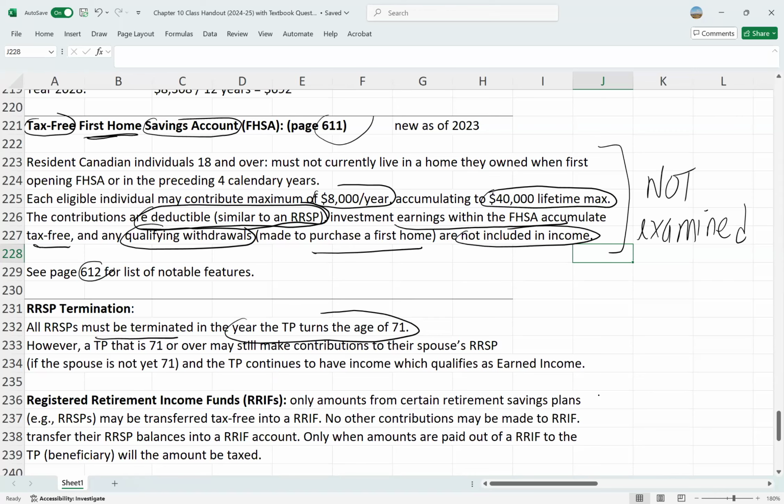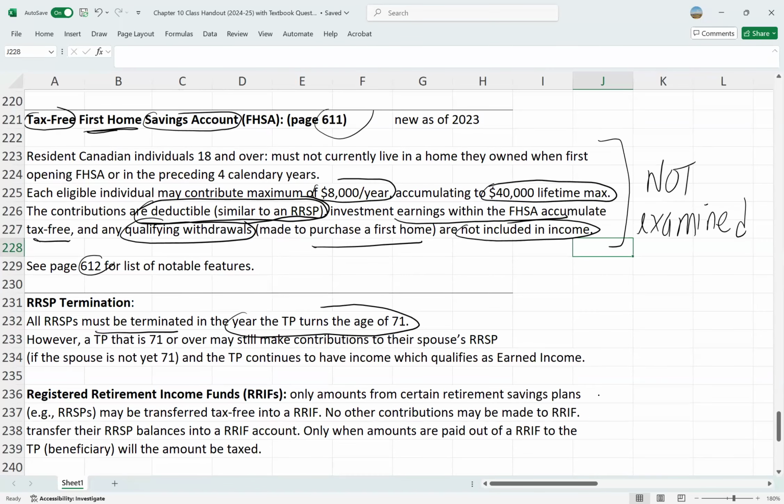But once the money comes out of your RRSP, then it's all taxable. So that's not good. But what a lot of Canadians do is they will transfer the RRSP into a RRIF, a Registered Retirement Income Fund. So let's talk about the wordings here. An RRSP is used for savings.